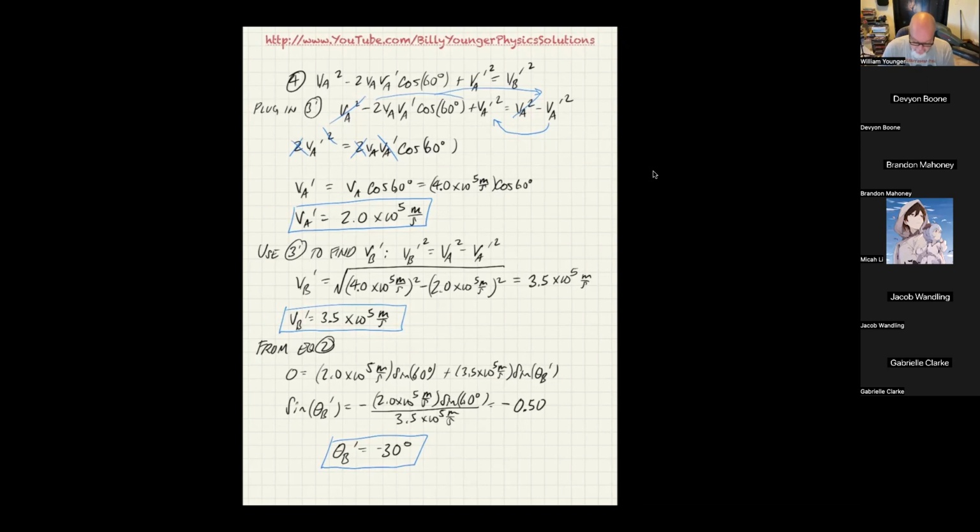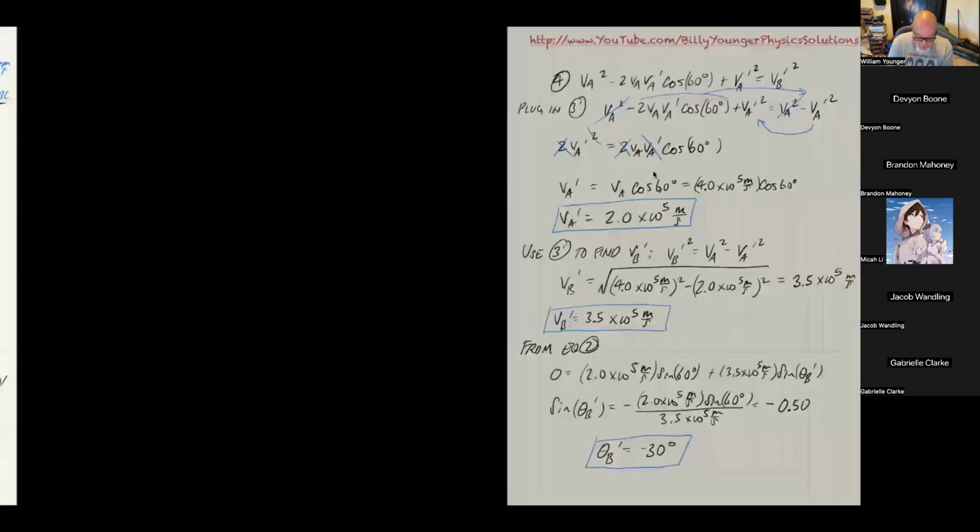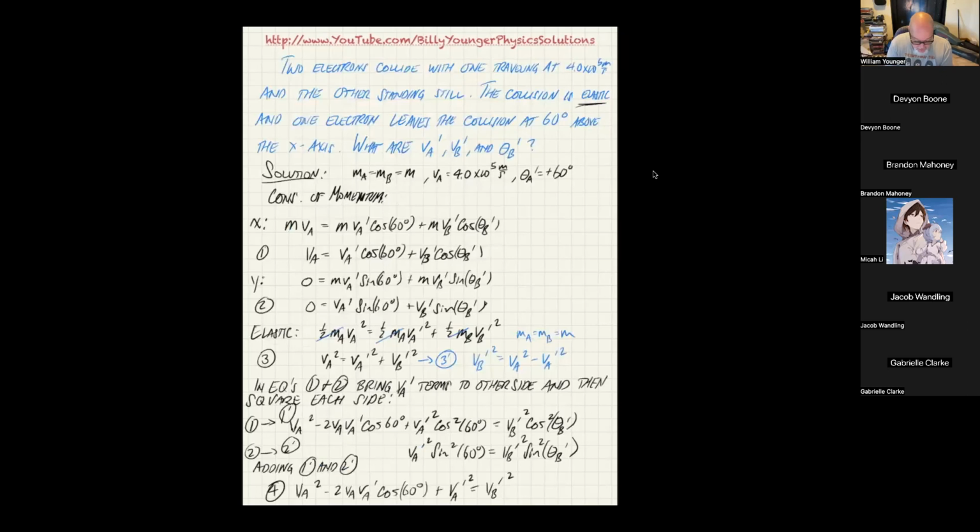Yes, go ahead. Is that always the case? That it'll always be 90 degrees? Yes, if they have the same mass, then what you'll see is, if you look back here at the elastic equation, equation 3, you basically have VA squared is equal to VA prime squared plus VB prime squared. You do know of one instance where that equation holds.